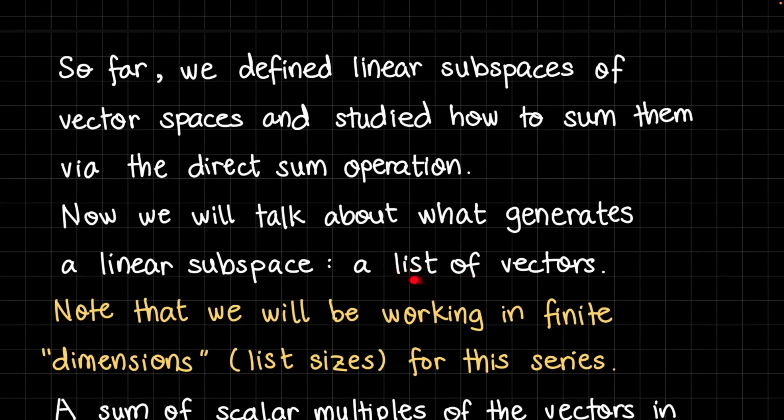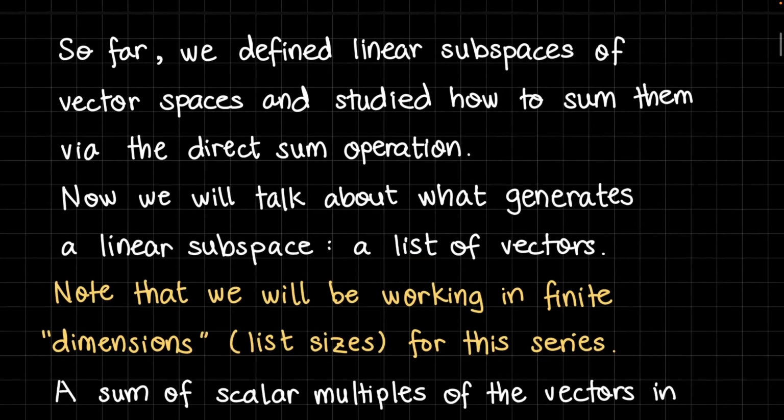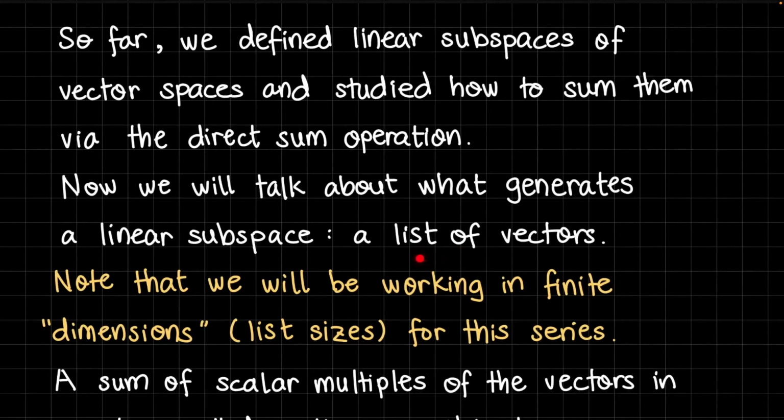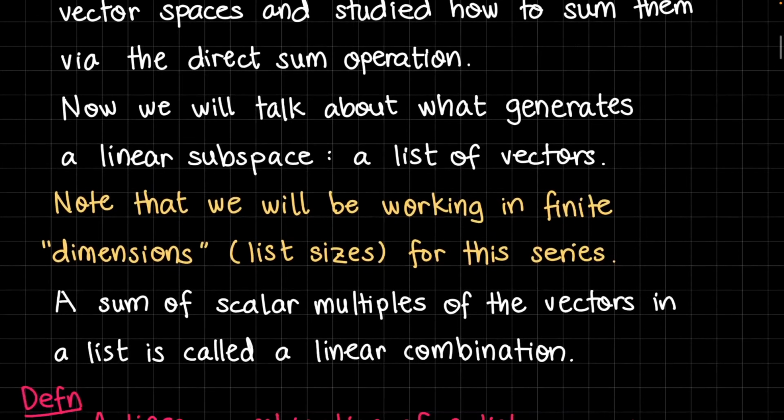Now, the definition of a list is such that a list can only have a finite number of elements. If there were countably infinite number of elements, it would be a sequence. So we will only be working with lists for this series. And again, as I said, we will be working in finite dimensions, whatever that means, which is just the list size.